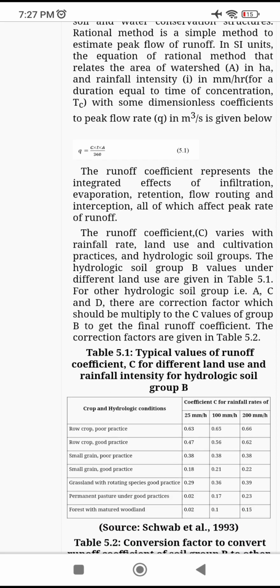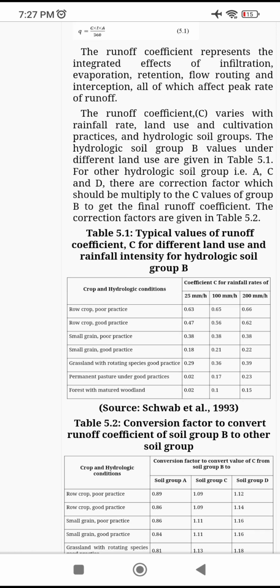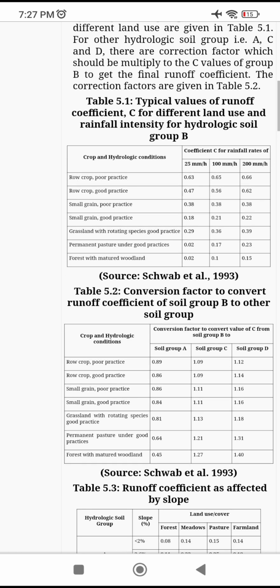Then the runoff coefficient represents the integrated effect of infiltration, evaporation, retention, flow routing and interception, all of which affect the peak rate of runoff. They have given coefficient C for particular rainfall rates.